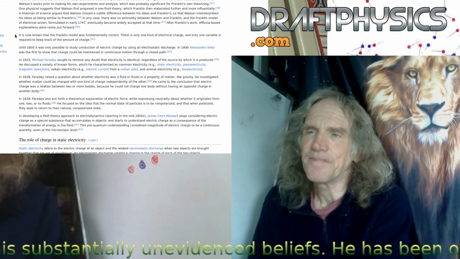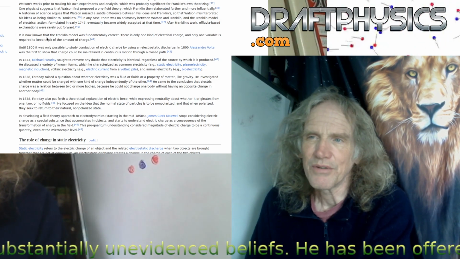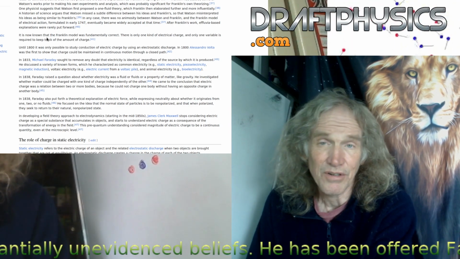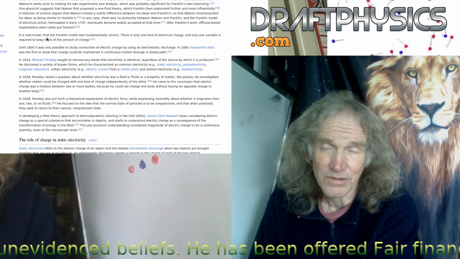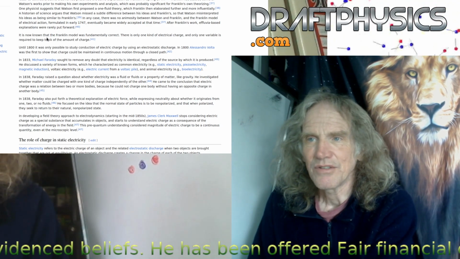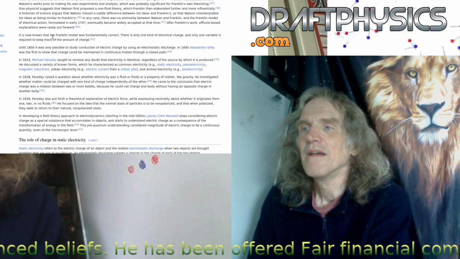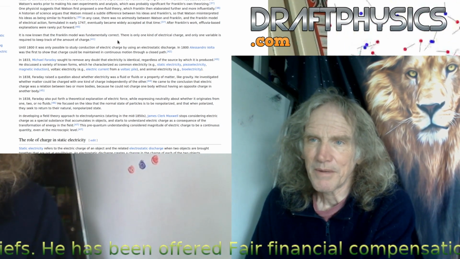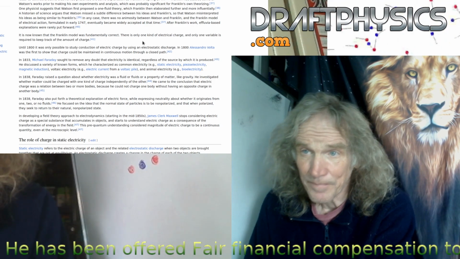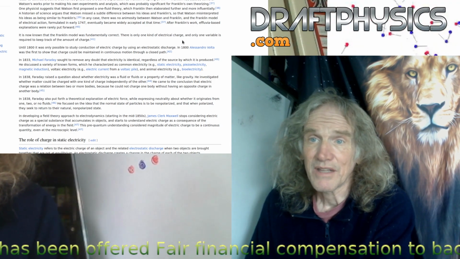All right. And so all you're really doing is saying the protons don't move, the electrons do. So you can always change the amount of electrons on a surface, but you can't change the amount of protons. All right. So it is known that Franklin's model was fundamentally correct, that there is only one kind of electric charge.